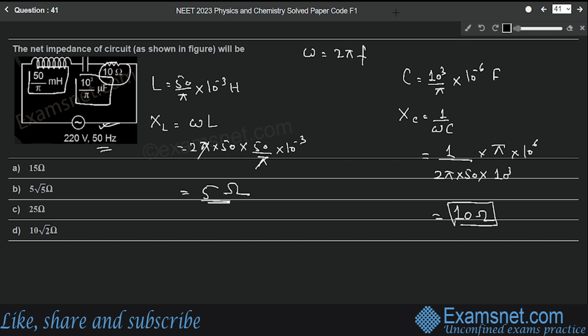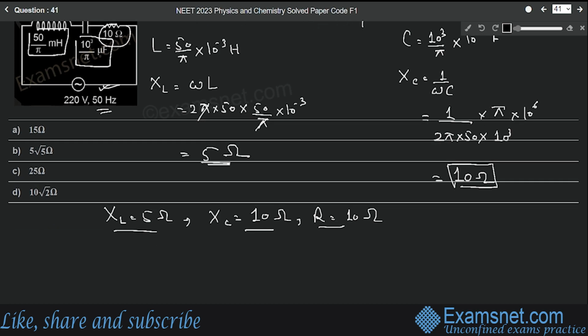So now we have got the value of XL, that is 5 ohm, and XC is 10 ohm, and the resistance R is given as 10 ohm. So these are the values using which we can find out the final impedance.